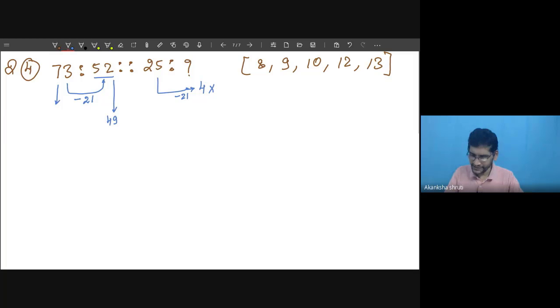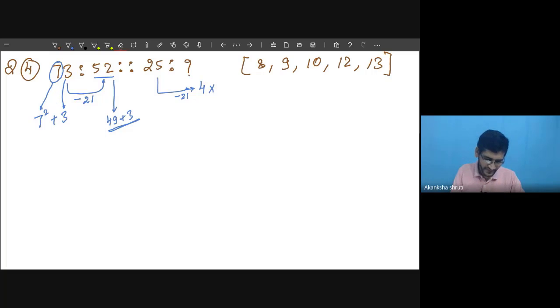So think for either addition or subtraction; adding 3 to this, we get it. Now, if I observe 73 in comparison to 49 plus 3, it is like 7 square, which is the tens digit, plus this 3, which is the unit digit. So the tens digit is squared and the unit digit is just added to get this number.